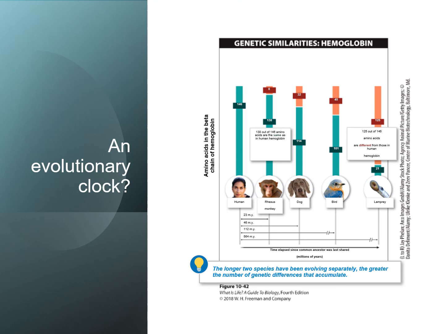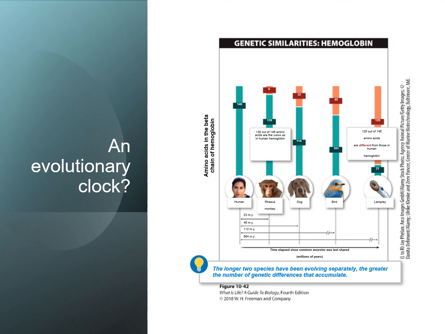We can look at the time elapsed since a common ancestor was last shared versus the number of amino acids in the beta chain of hemoglobin that are the same or different. So the last time humans had a common ancestor with an animal like a lamprey is a really long time.